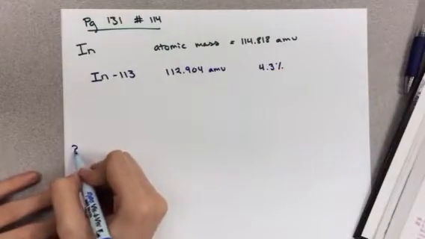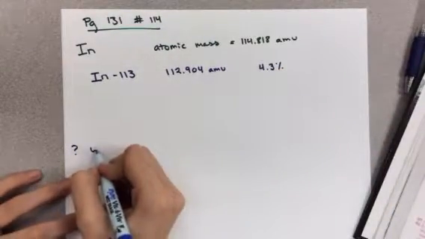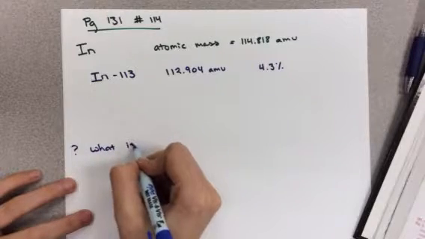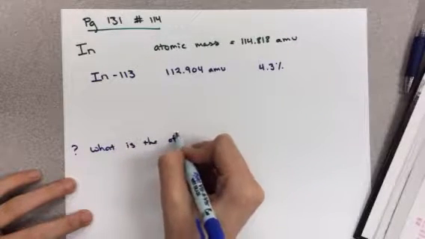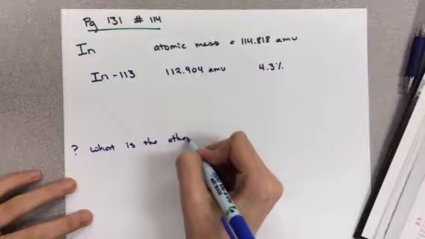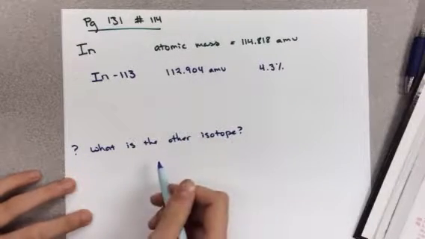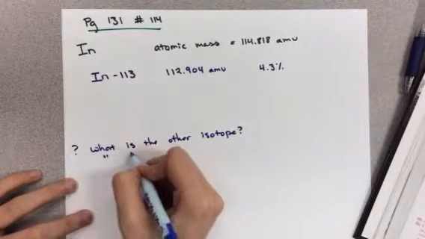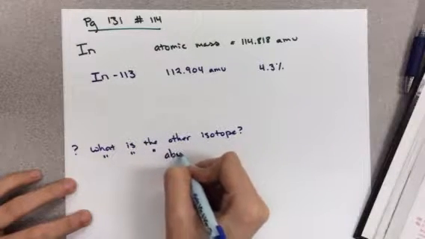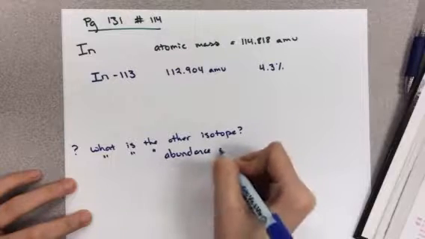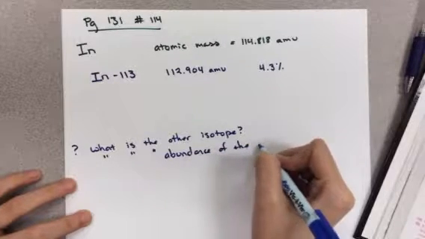Now, the question that we're trying to answer is, what is the other isotope? And what is the abundance of that other isotope?